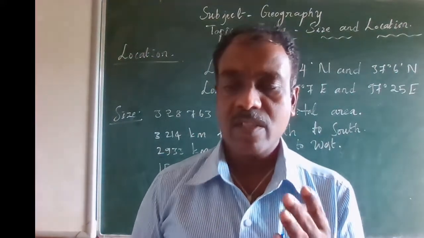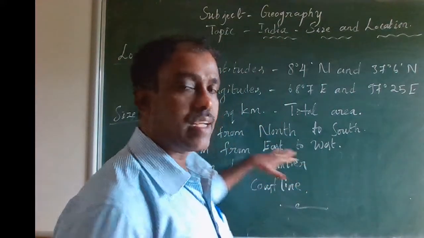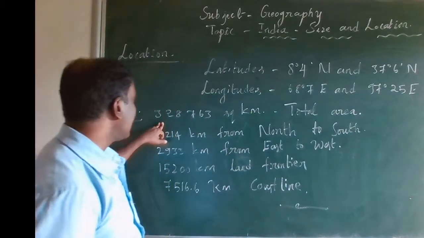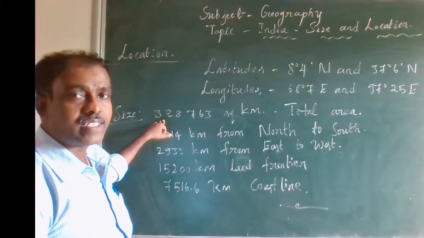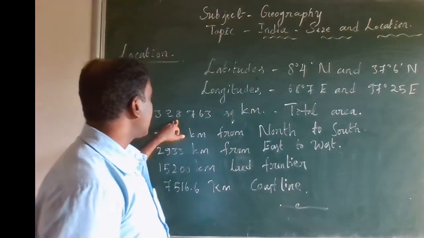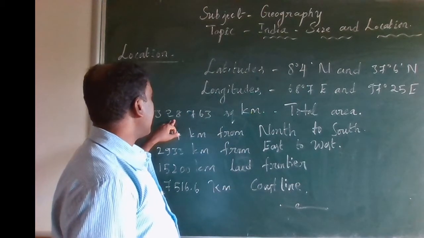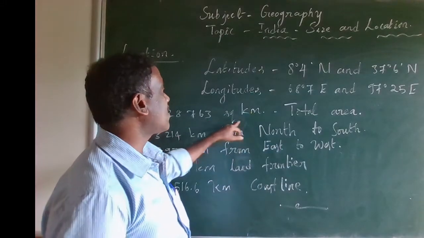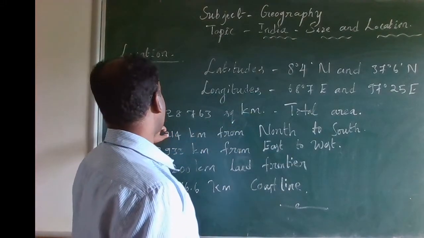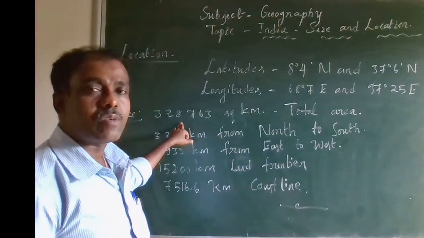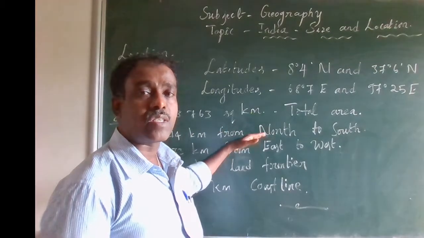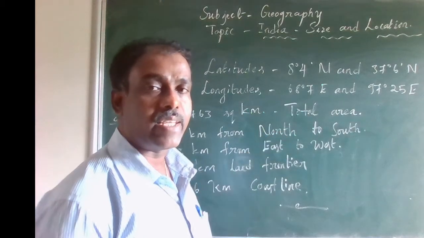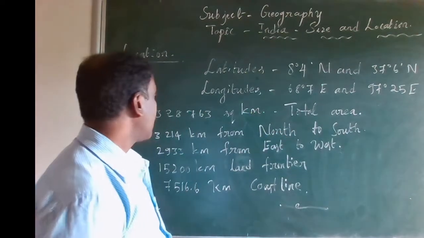Or we can say it like this: the total landmass of our country is 3,28,763 square kilometers. This is the total physical area.